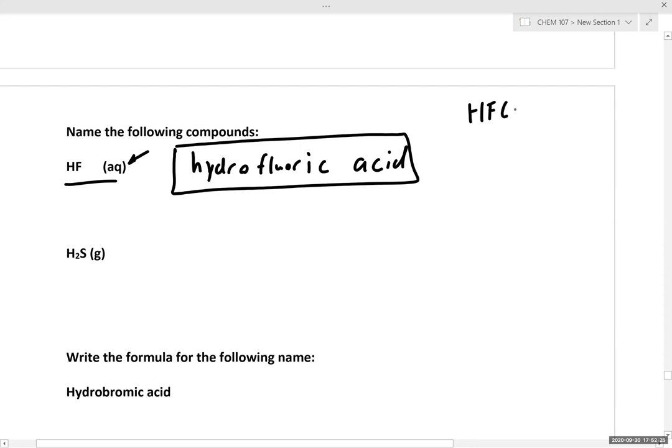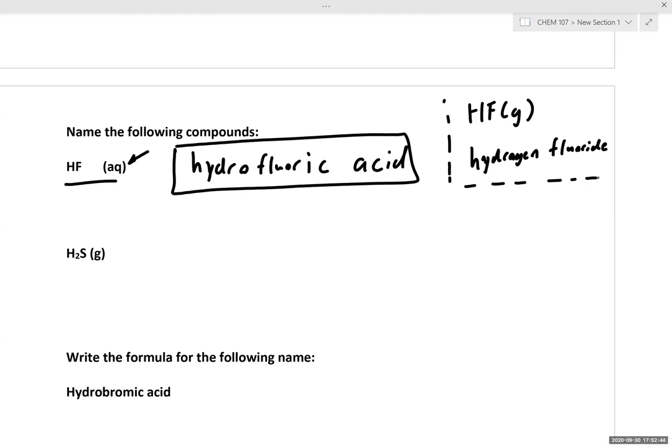If we wanted to name HF in the gas phase, we'd name it as hydrogen fluoride. So the state symbol has a pretty dramatic effect on how we name different binary acids. Does this make sense to everyone?